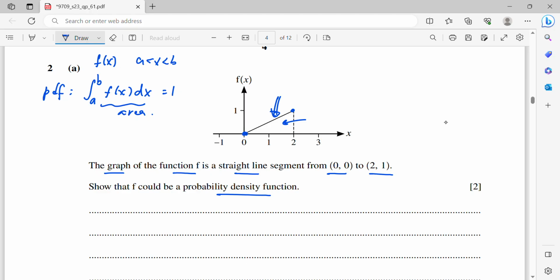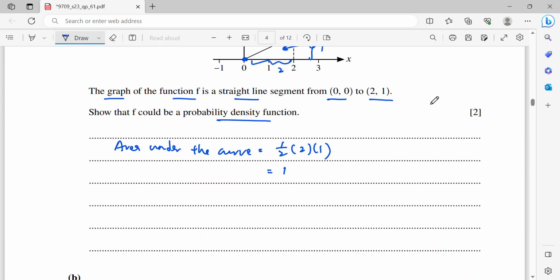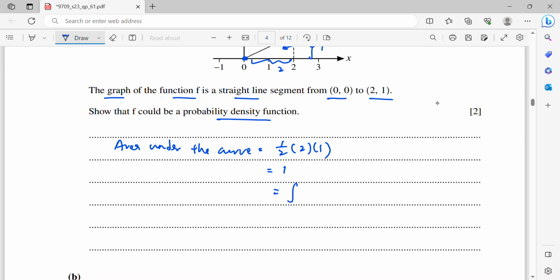Now from the triangle we know that the base is 2, the height is 1. So the area under the graph is half times 2 times 1. That means you are getting 1. This is also the same as integrating f(x) dx from 0 to 2.